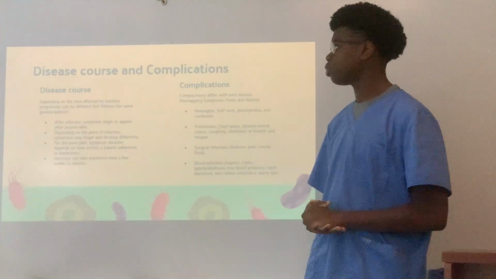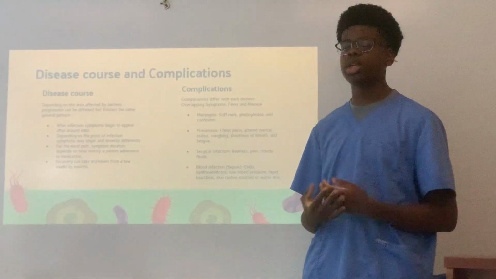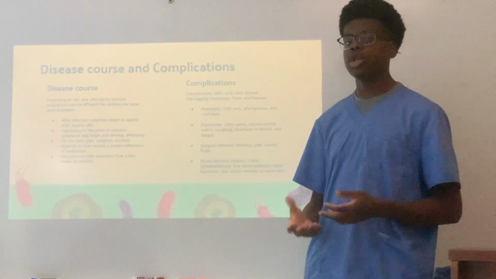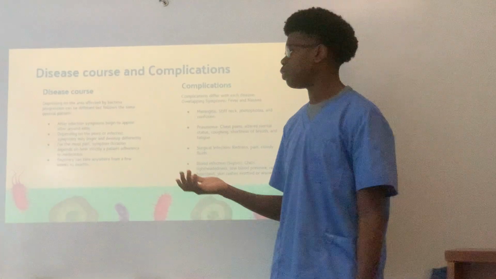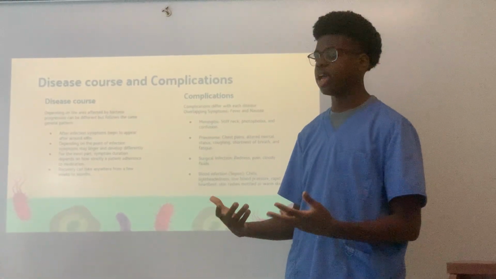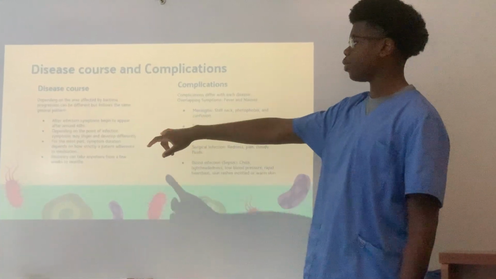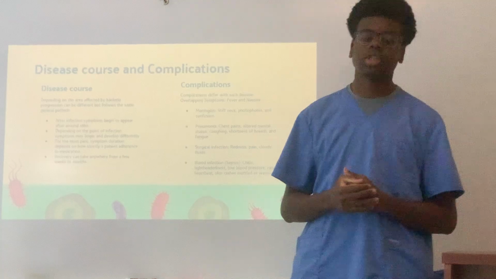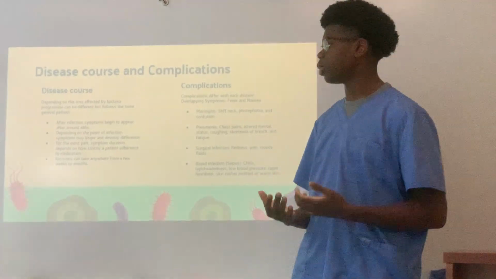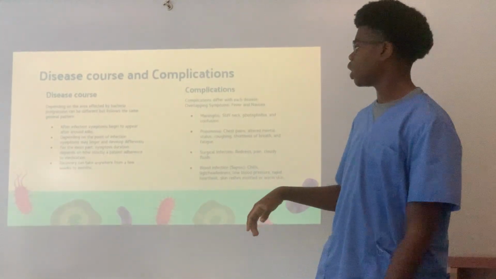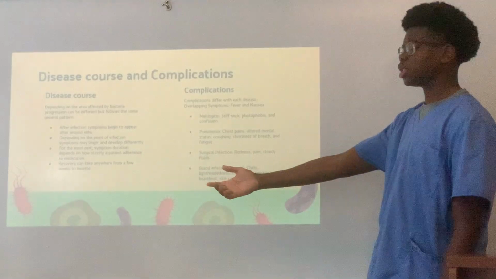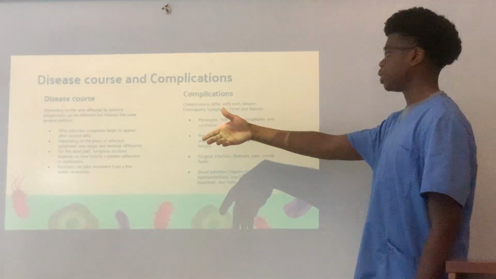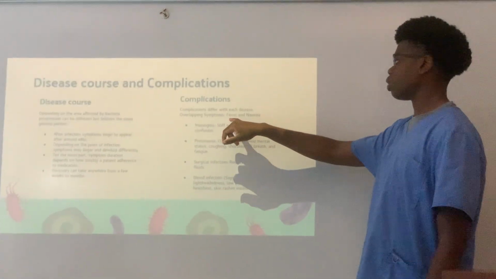Next. For the disease course, it can be different depending on what the infection is. So for meningitis and pneumonia, the disease course is a little different, but it follows a general pathway. Symptoms appear after 48 hours, and depending on the site of infection, it can linger for longer or shorter amounts of time. For complications, since there are so many things that it can cause, there are a lot of different symptoms, but some of the overlapping ones are fever and nausea.